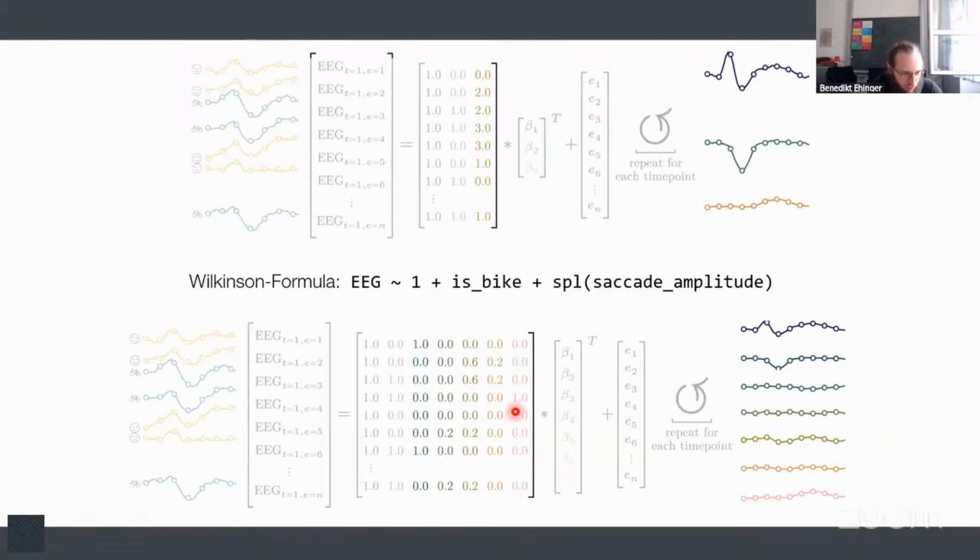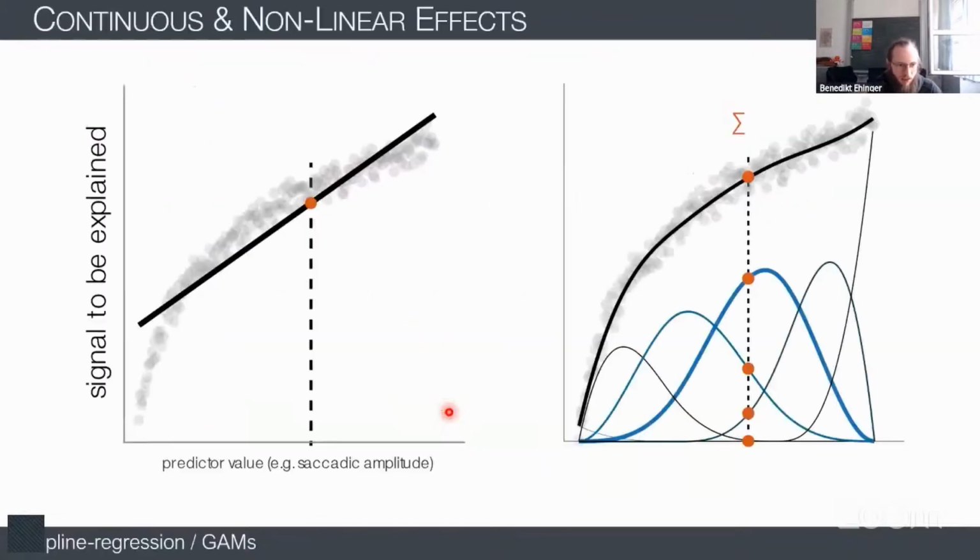So I would say this is one spline function. Exactly, one column basically corresponds to one of these. But of course, they are not sampled in this nice iterative way, but wherever this trial has a value, right? Thanks for the question.